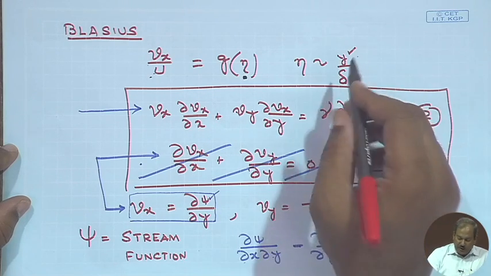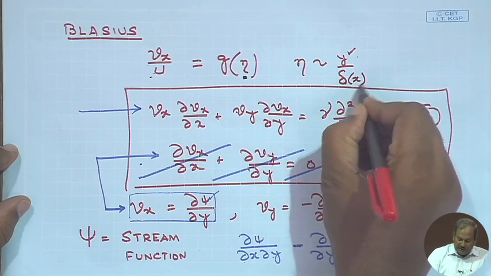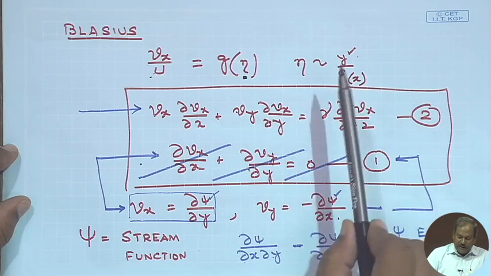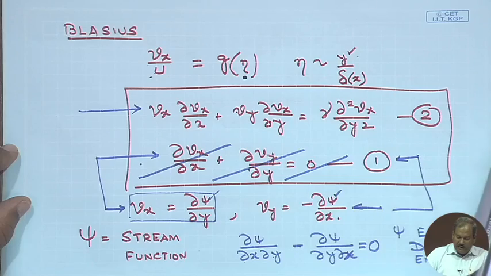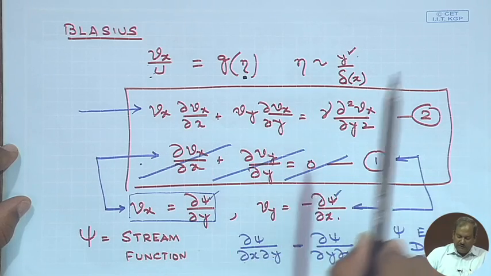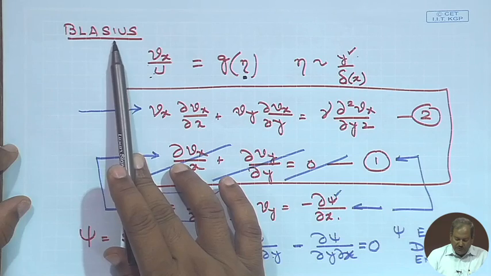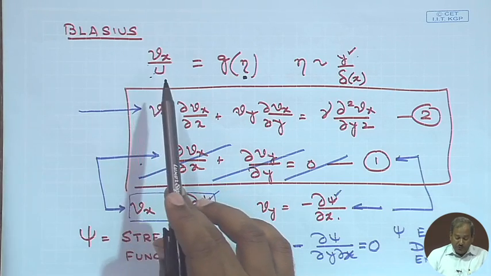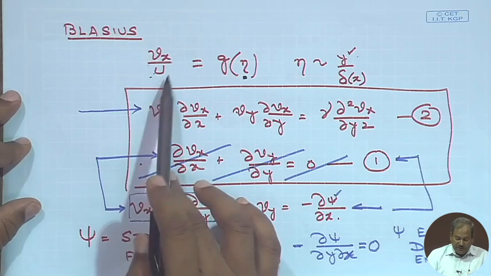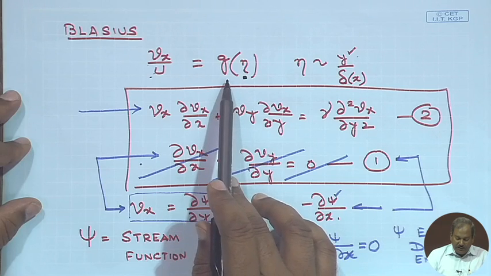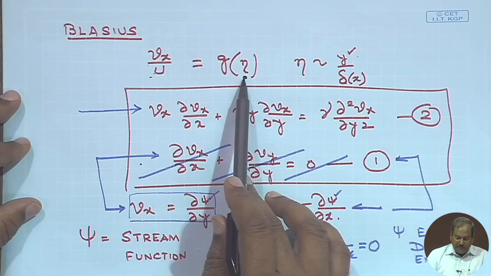However, we understand here that this delta is a function of x; as we progress in the x direction, the delta keeps on increasing. So therefore, Blasius's reasoning, which is supported by experimental data, is that the dimensionless velocity profile would be similar when plotted against a dimensionless distance from the solid wall.